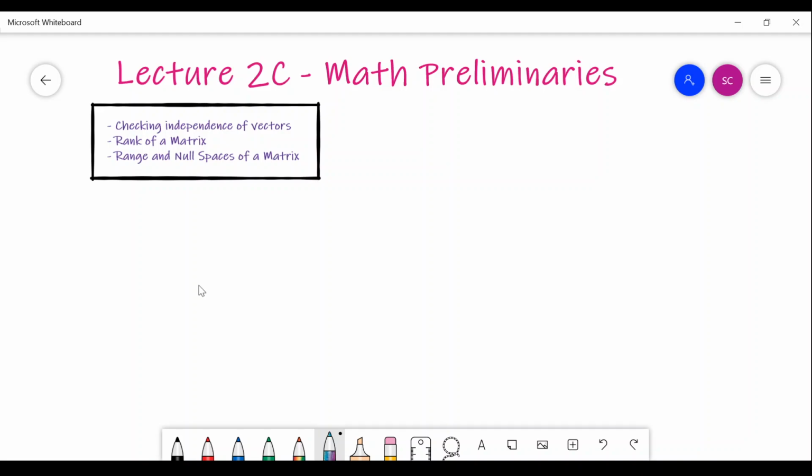So in this particular lecture today we will discuss some techniques on how to check independence of vectors. In the last lecture I discussed independence of vectors from a geometrical perspective.